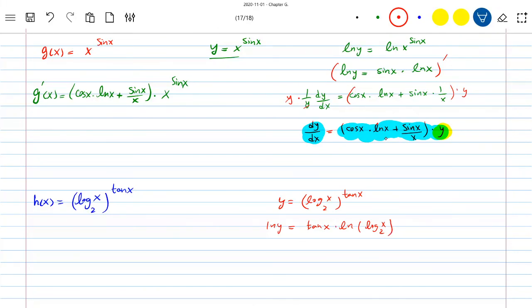So I drag down the exponent by taking the ln from both sides. Take the derivative. 1 over y, dy over dx. Derivative of right hand side, derivative of tangent times ln: secant squared x multiplied by ln log x base 2 plus tangent x.